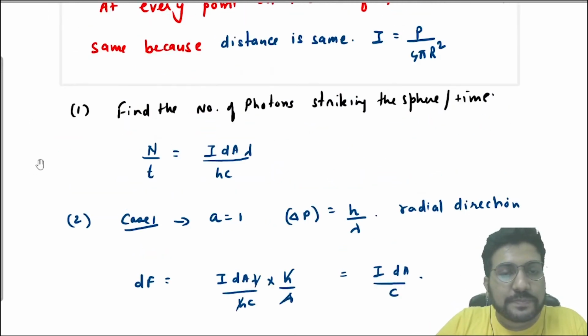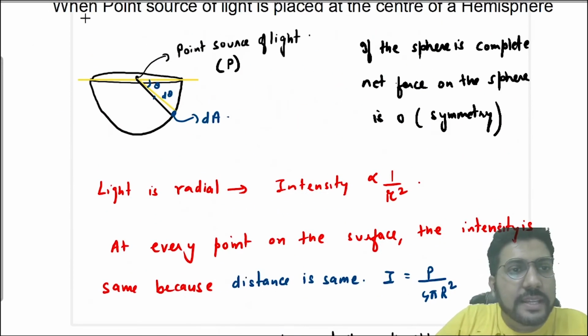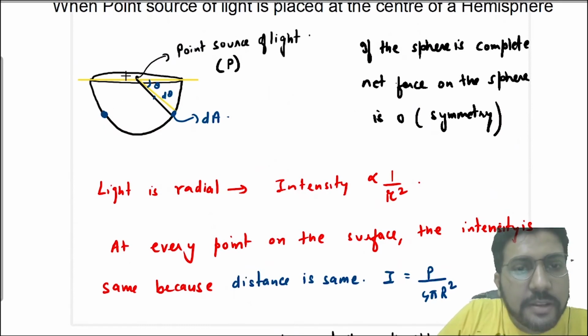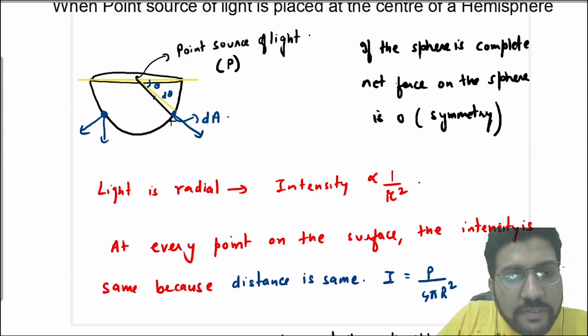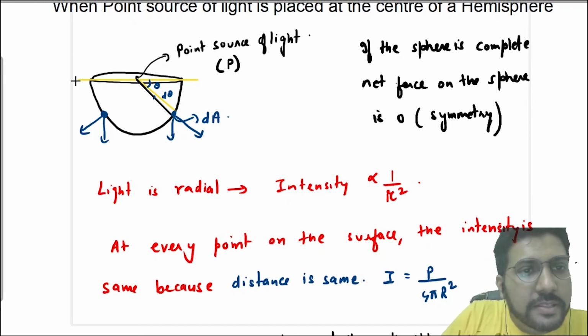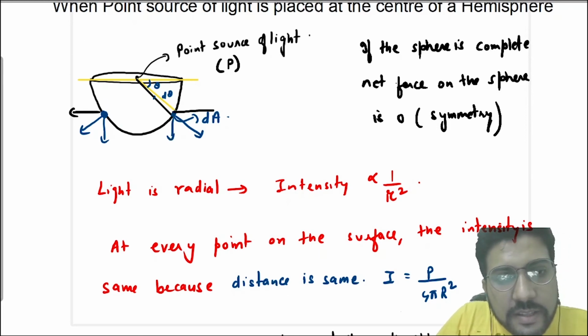Now the thing is, there is a symmetric element here where the force is in this direction. Here the force is in this direction. You can clearly see that this component will add up and this component will cancel, right?